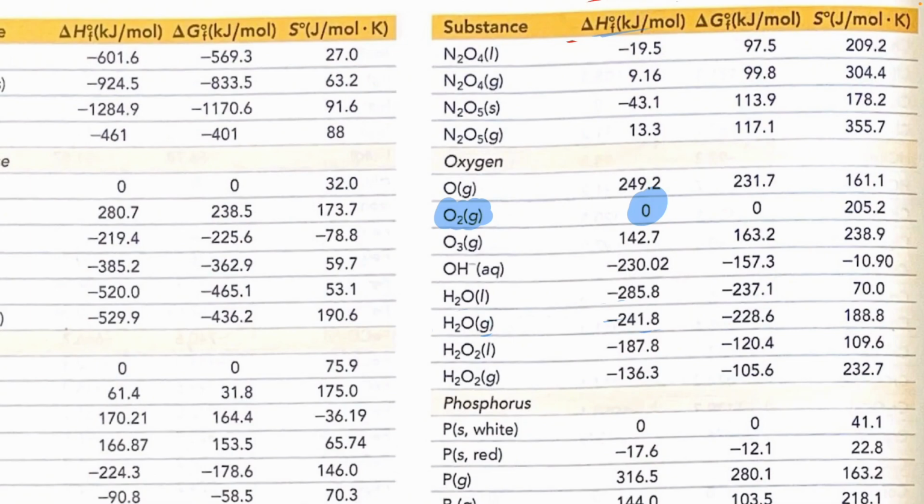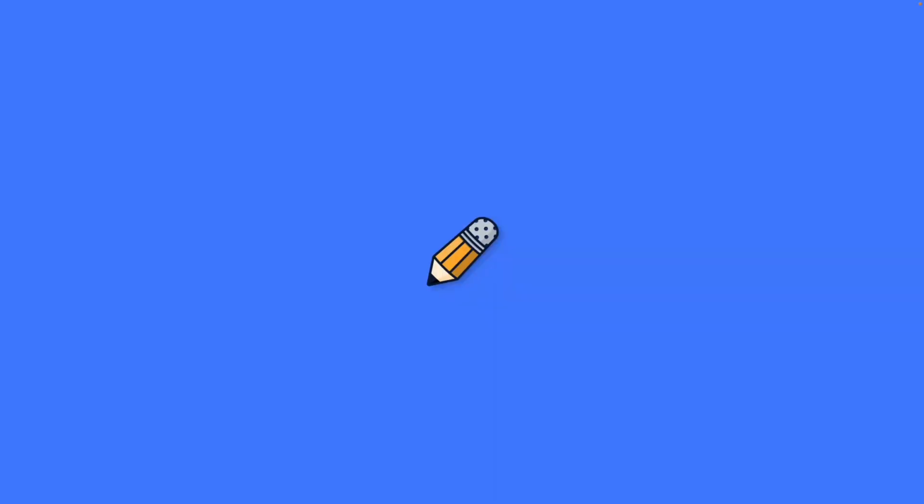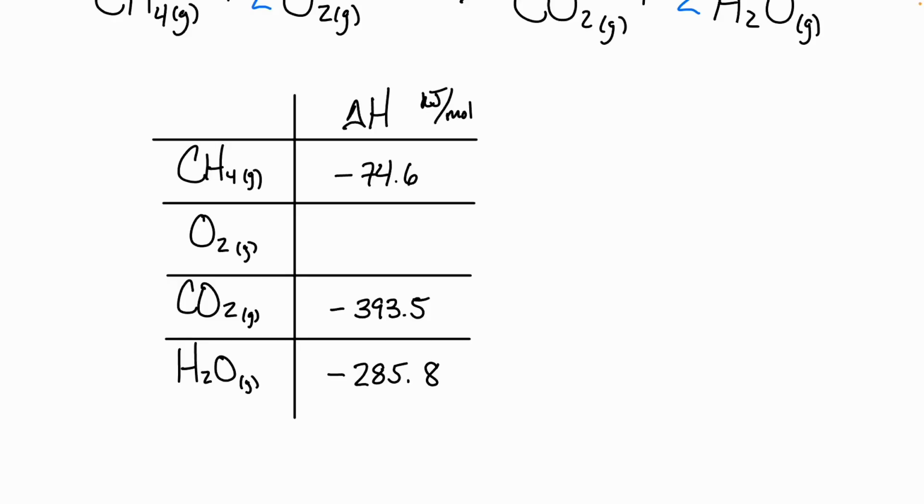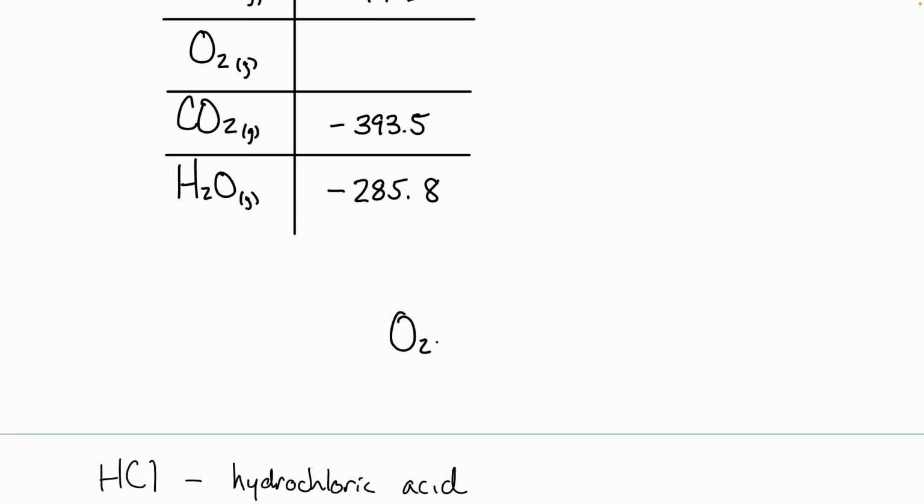That's because your formation reaction for O2 would just be starting out with O2 gas, going to O2 gas. That would be your formation reaction. So what you'll see is every element in its standard state, when you look up its value on that constants page, has a delta H of 0.